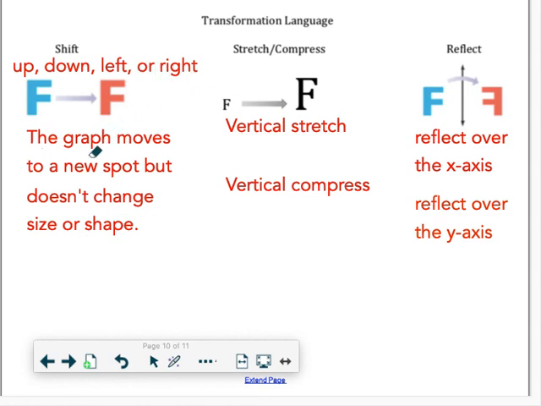Shifting is when the graph moves to a new spot but does not change size or shape. Vertical stretch or compress is when the graph gets taller and skinnier or shorter and wider. And then we also have reflect. We can reflect over the x-axis or reflect over the y-axis.